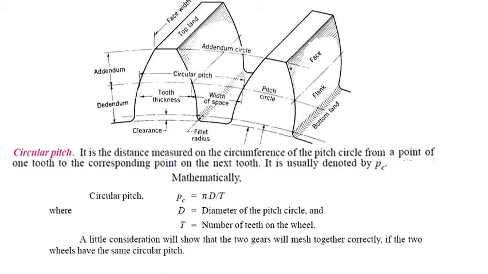Here you can see this distance measured on the circumference of the pitch circle from one point on one tooth to the corresponding point on the next, neighboring tooth. This distance is nothing but the circular pitch. It is denoted by PC. Formula is pi D by T.